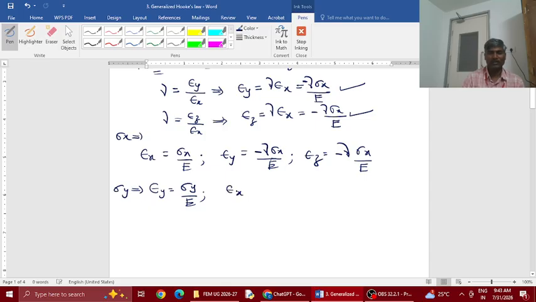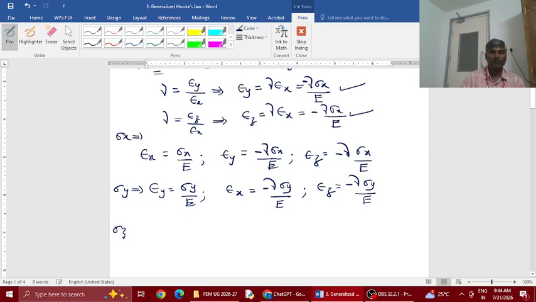So the lateral epsilon x is minus nu sigma y by E, and z is now lateral, minus nu sigma y by E. So now you see which is called longitudinal and which is called lateral. Longitudinal means the direction of the stress which is acting, corresponding to the strain you are calculating.